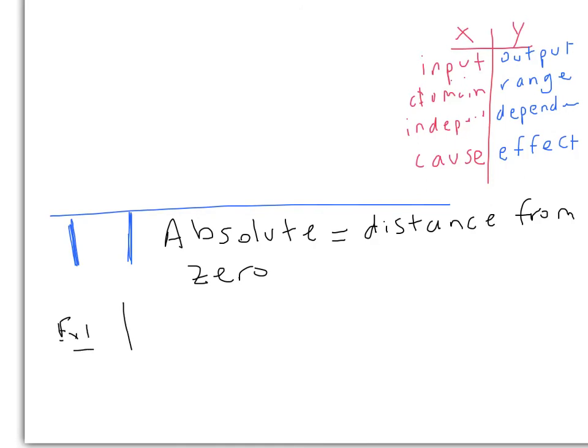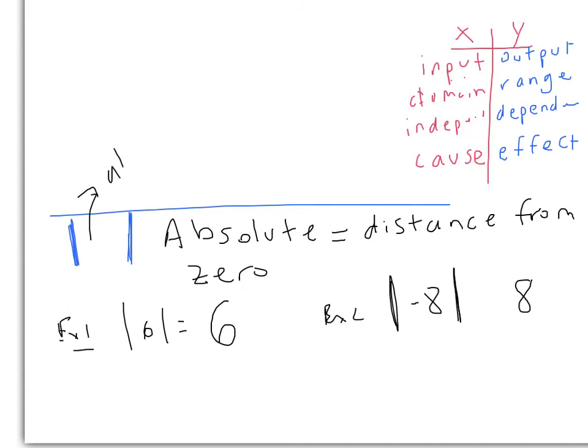If I have the number 6, you ask yourself, how far is 6 from 0? It's 6 units. If I have another example, -8, if you had a number line, how far is -8 from 0? It's also 8, positive. It's always positive. So what you need to remember is absolute value is always positive. Like I said, I'll go into a kind of cheesy definition of this tomorrow.